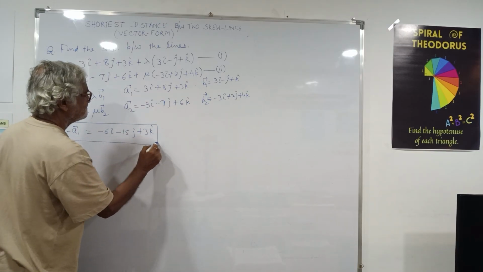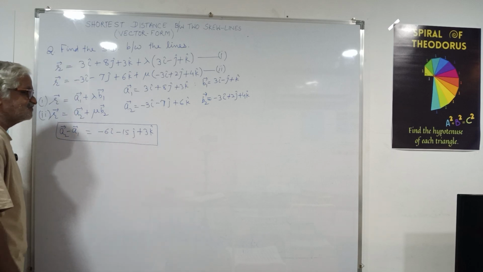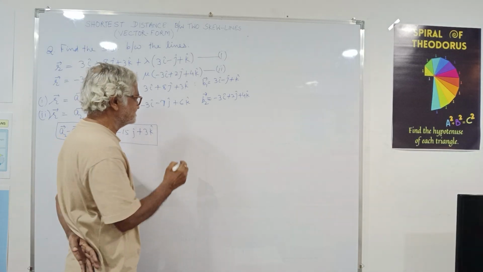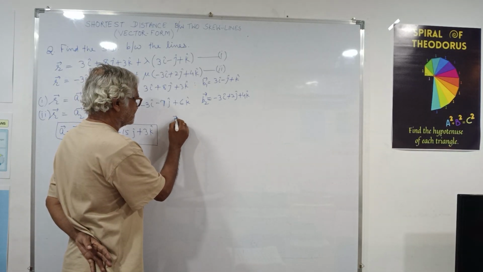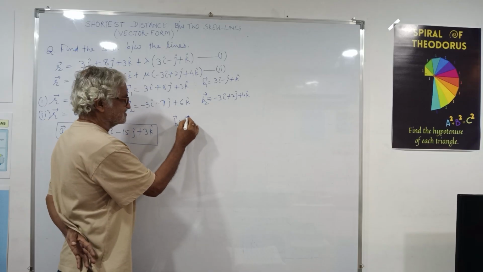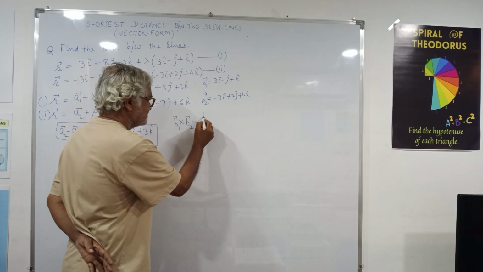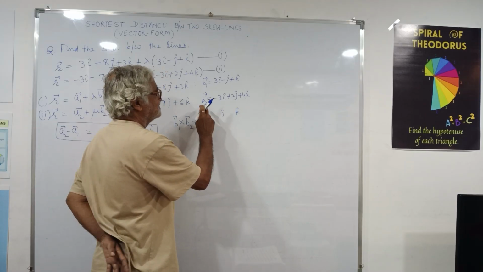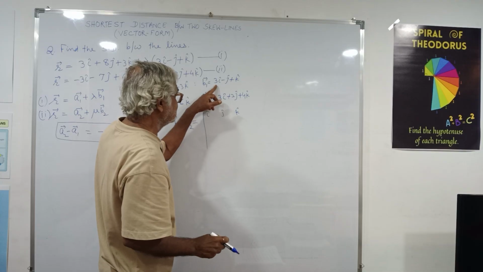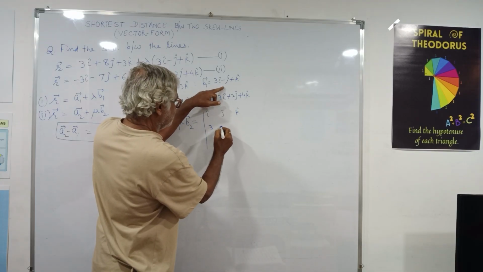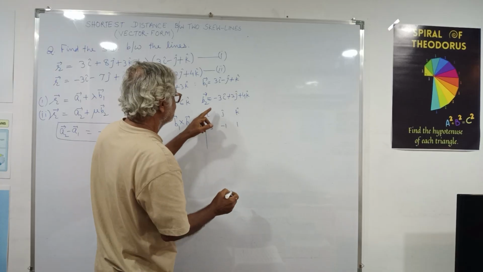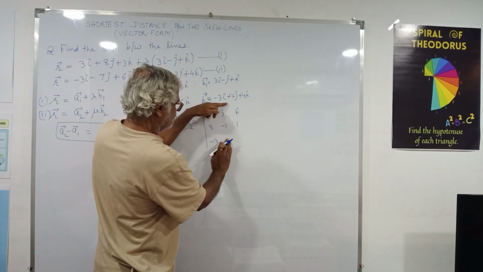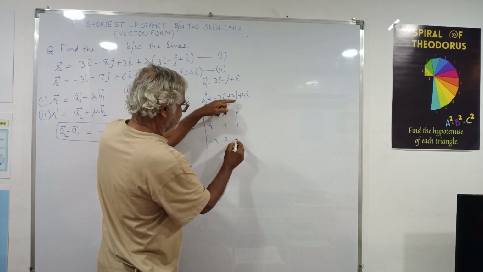Now we need b1 cross b2. So b1 cross b2 vector find by determinant method. So b1 vector cross b2 vector equals to the determinant with rows I cap, j cap, k cap; 3, minus 1, plus 1; and minus 3, plus 2, and plus 4.